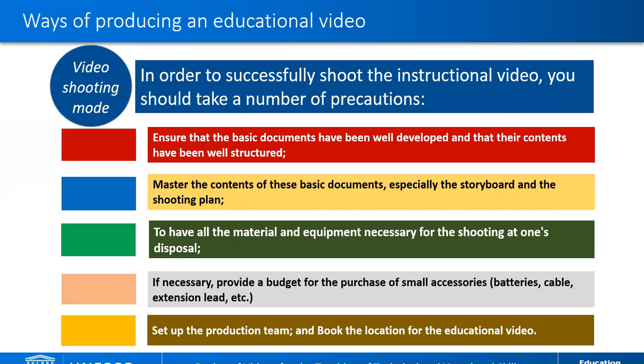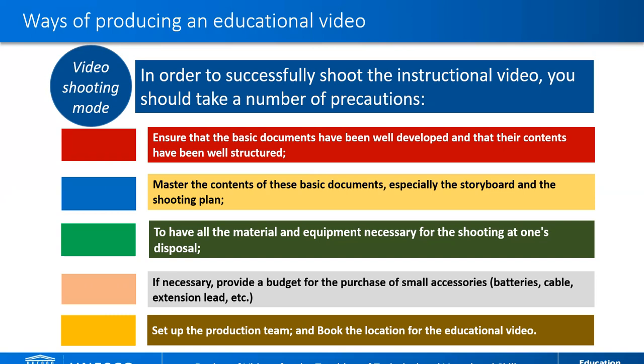In order to successfully shoot the instructional video, one should take a number of precautions, including ensuring that the basic documents have been well developed and that their contents are well structured. Mastering the contents of these basic documents, especially the storyboard and the shooting plan.